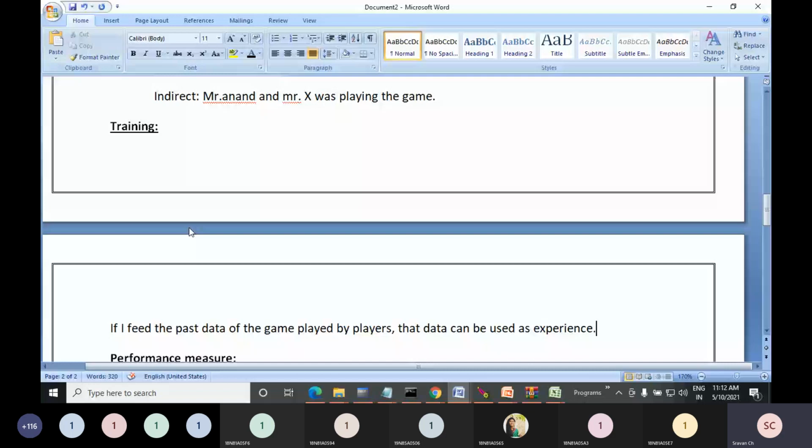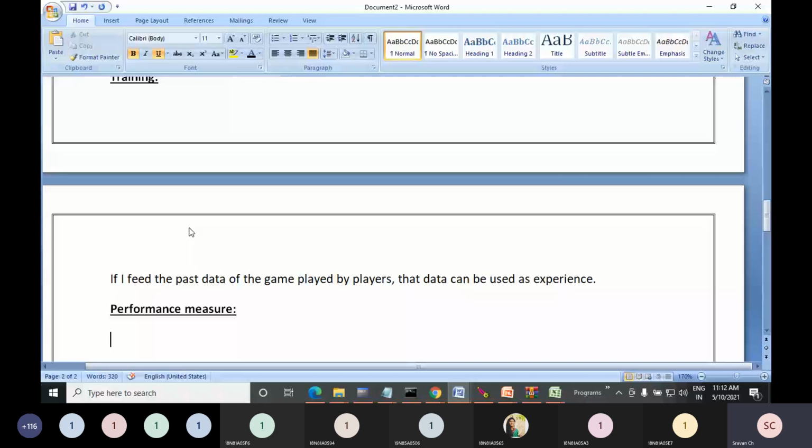And what is the performance measure in this case? Very simple. How many games has the model won? If my machine learning model is failing the game every time, it means it was not trained enough. It has not got enough experience.